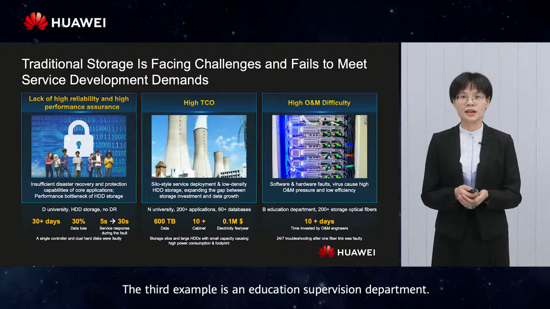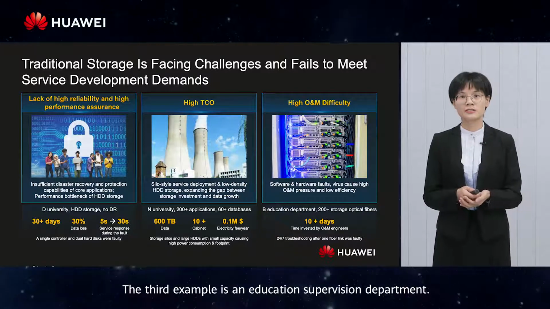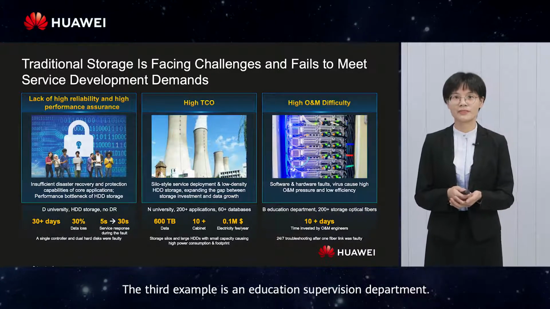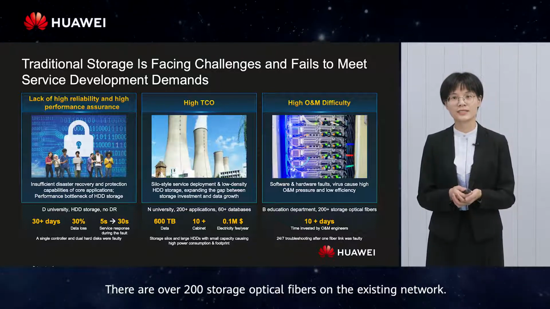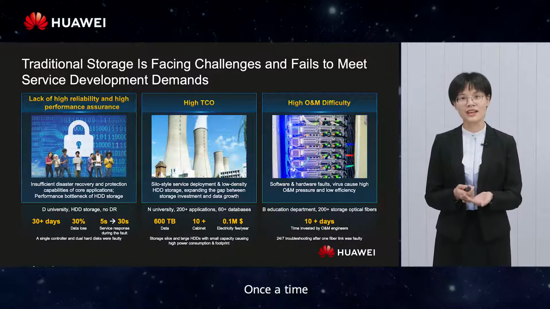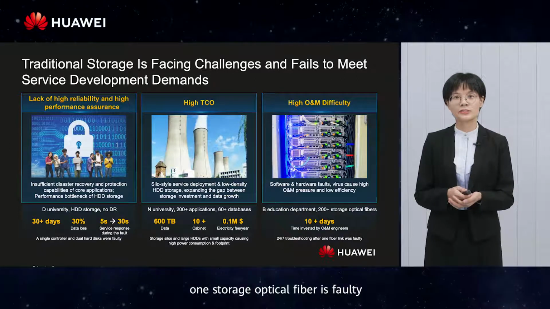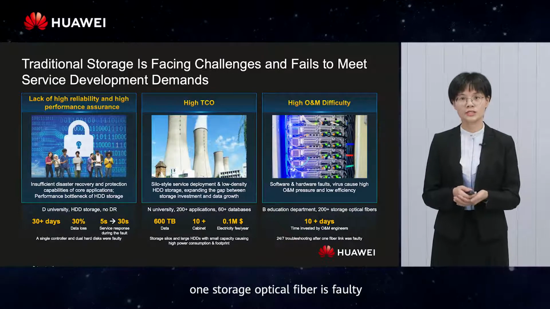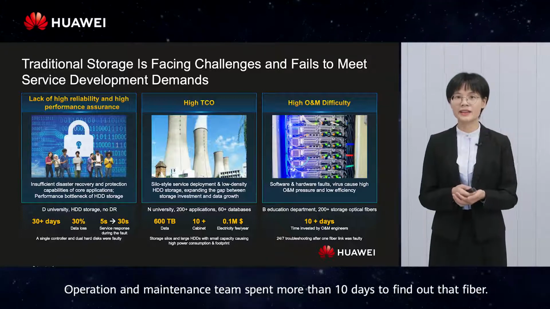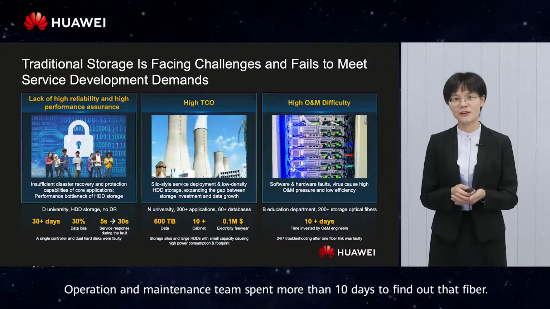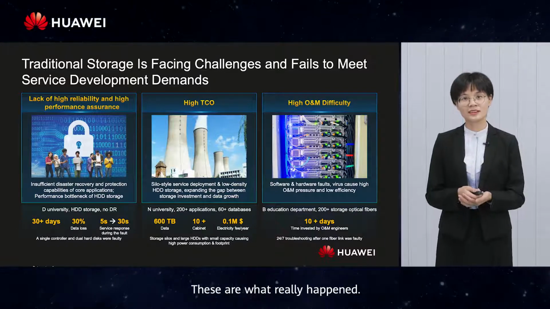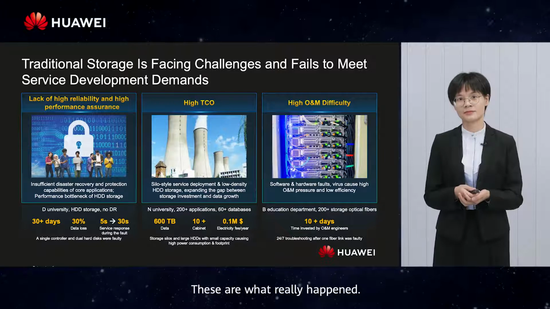The third example is an education service department. There are over 200 storage optical fibers on the existing network. Once, one storage optical fiber was faulty. The operation and maintenance team spent more than 10 days to find out that fiber. These are what really happened.